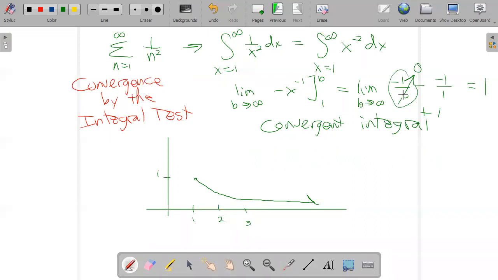Now, in this case, I'm trying to show convergence, so I want my sum to be smaller than the integral in general. To do that, I would just choose left-hand endpoints to make that happen. Now, you may say, well, you have a slight problem there because the integral is starting at 1 and we're missing out on this first term, a sub 1.